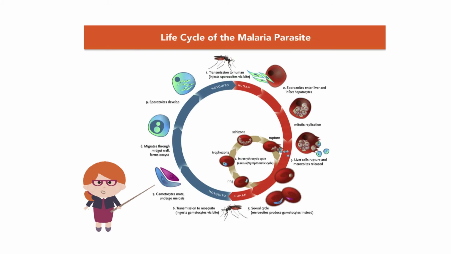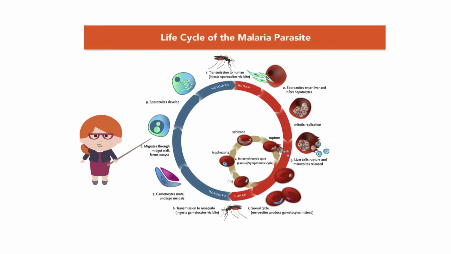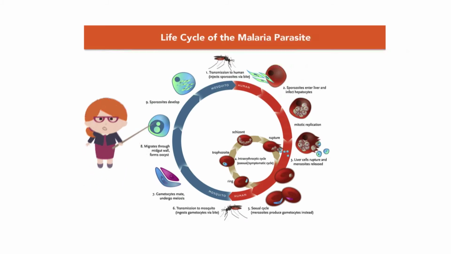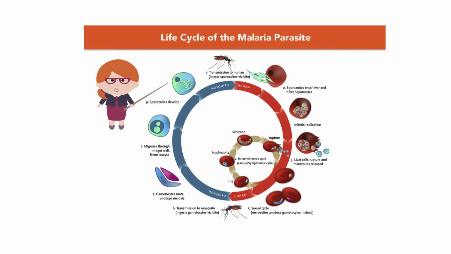A male and female gametocyte fuse, forming a zygote. This zygote will mature into a new sporozoite in the intestine of the mosquito before migrating to the salivary glands. These infectious sporozoites in the salivary glands are ready to infect a new human host.